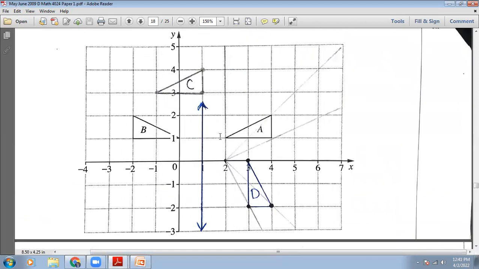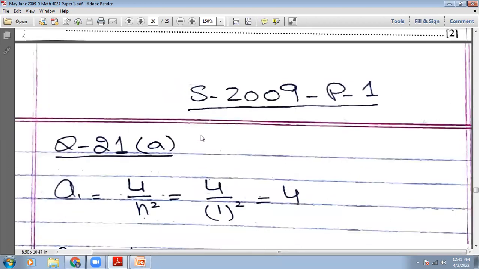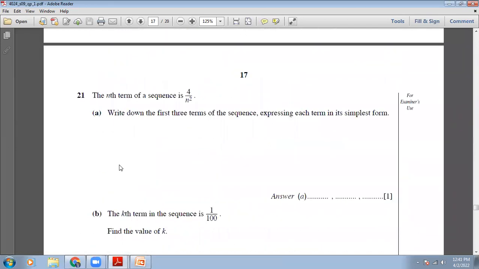So join these 2 points with each other and then draw the perpendicular bisector. So this blue line is the line of reflection of A and B. So its equation will be x = 1. So in the description, you will say it's a reflection in the line x = 1. Okay, so we are going to the next question.